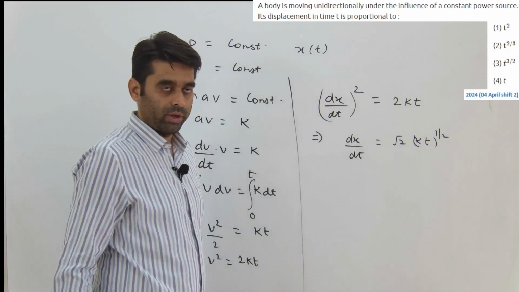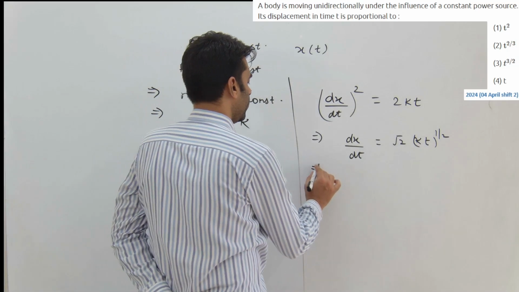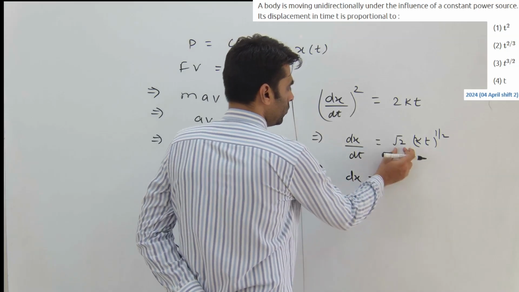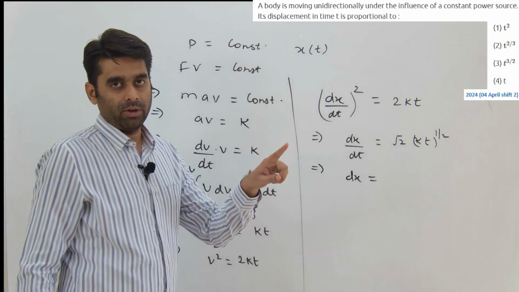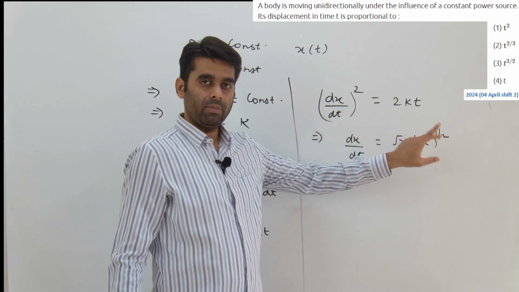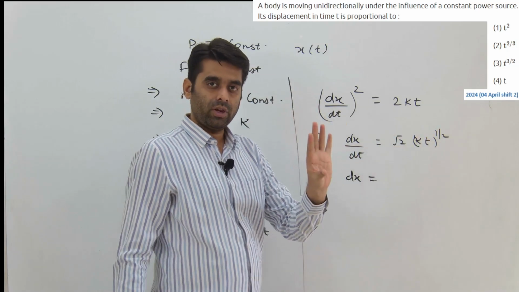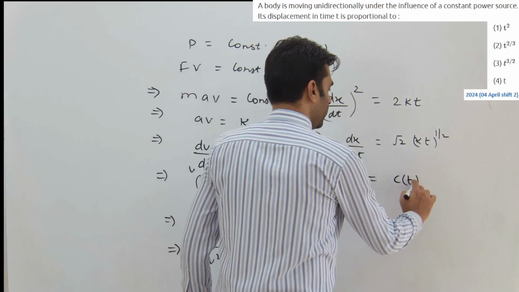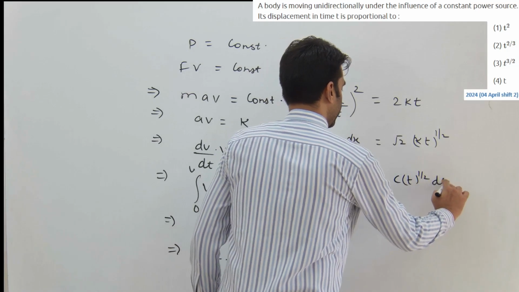I hope this is okay, right? Now this can be written as dx is equals to root 2 into k power 1 by 2, which will also be constant. So I am taking it as another constant c. So c into t power 1 by 2 into dt, right?